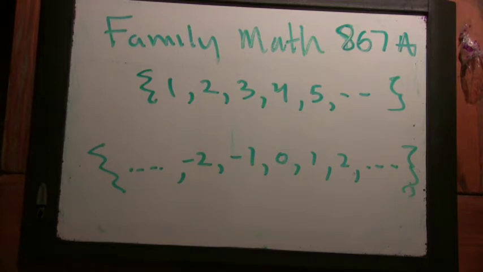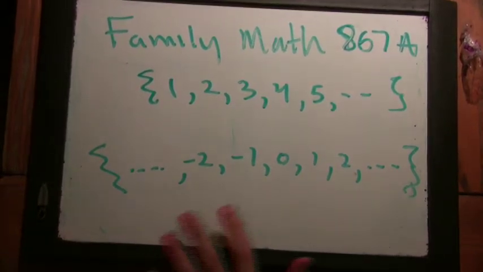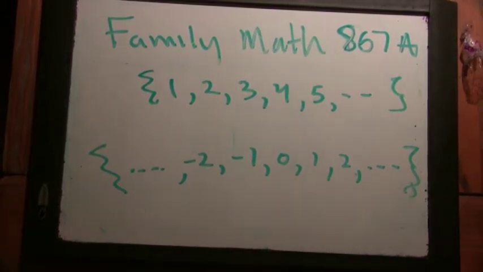So we've got to hit all the negative integers, we've got to hit all the positive integers, and we've got to hit 0.